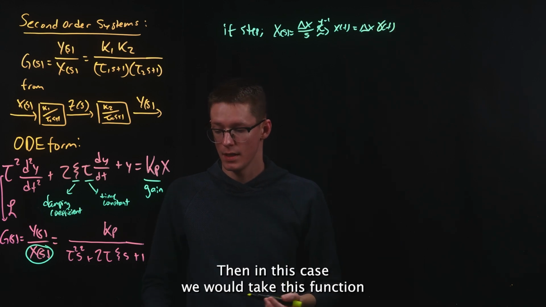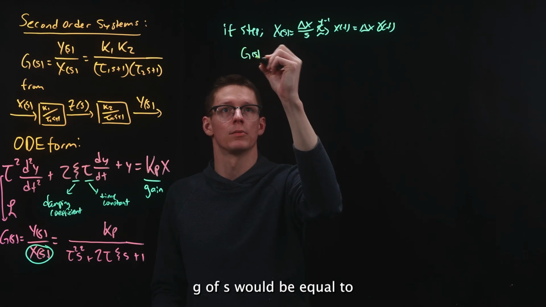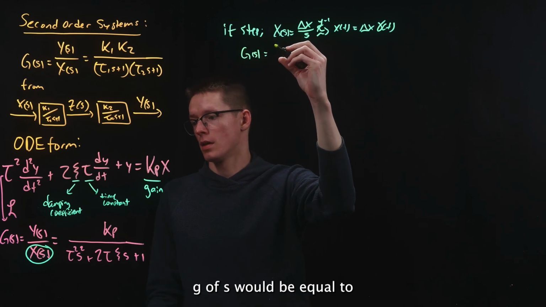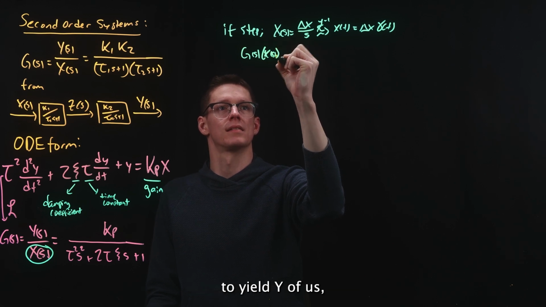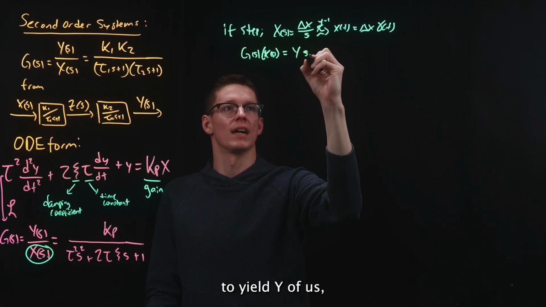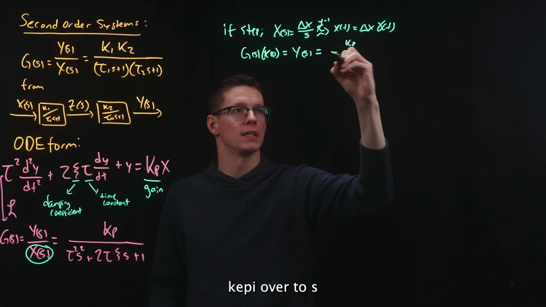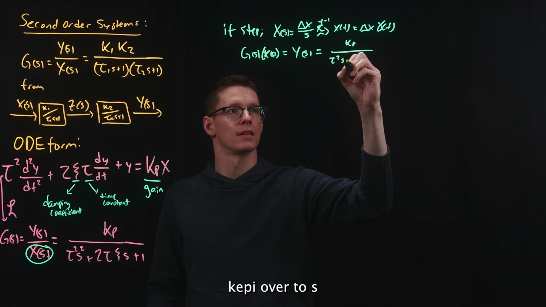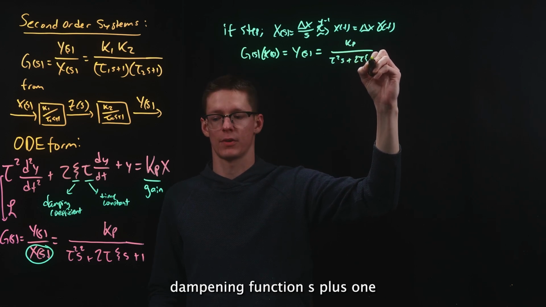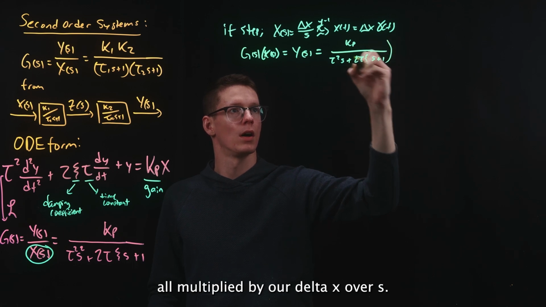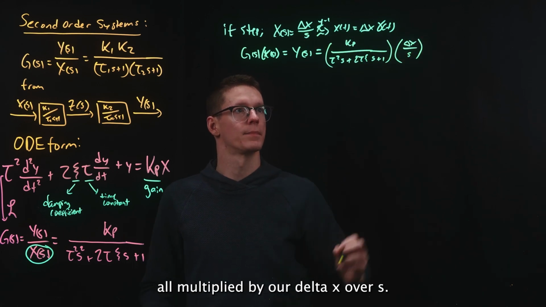In this case, g of s would be multiplied by x of s to yield y of s, which would be our full function: kp over tau squared s squared plus 2 tau zeta s plus 1, all multiplied by our delta x over s.